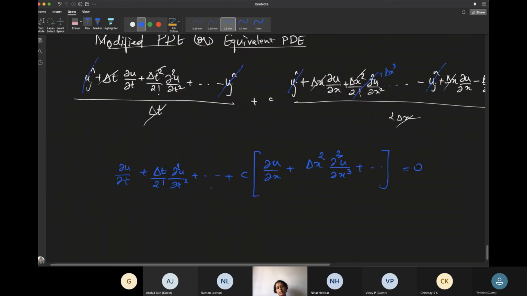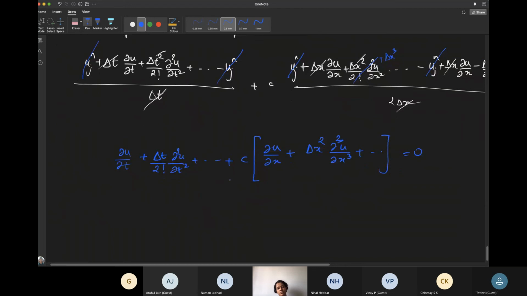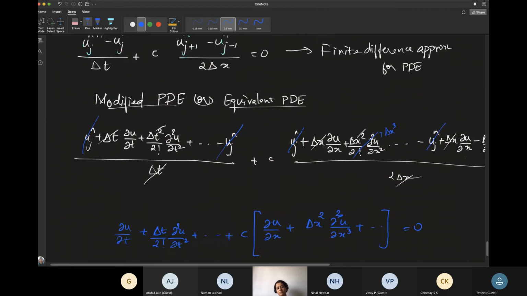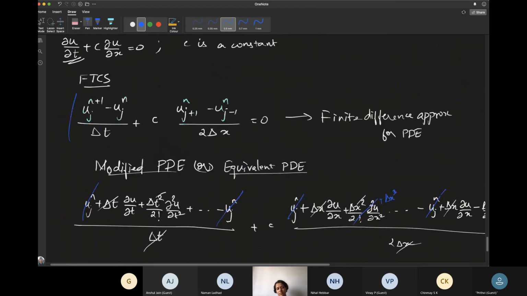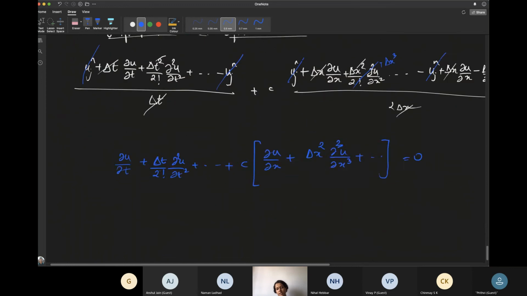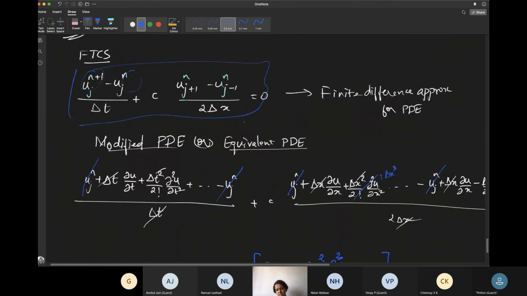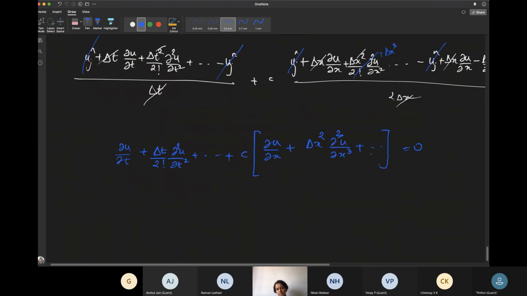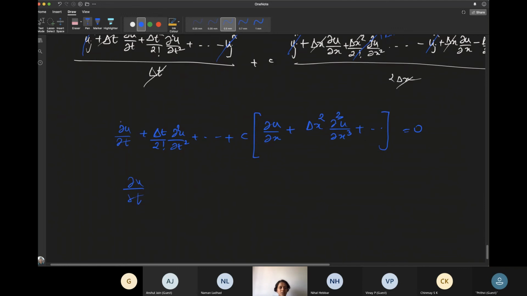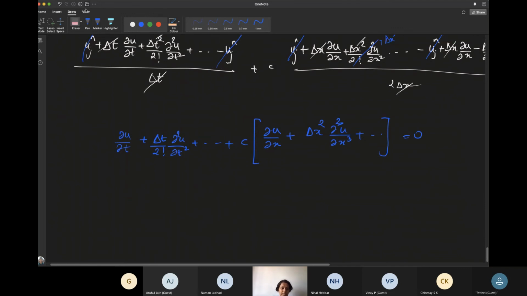So this way, from any given finite difference equation, you can get back to the modified PDE by expanding each of these terms using Taylor series expansion, and then you get your original PDE plus some other terms.